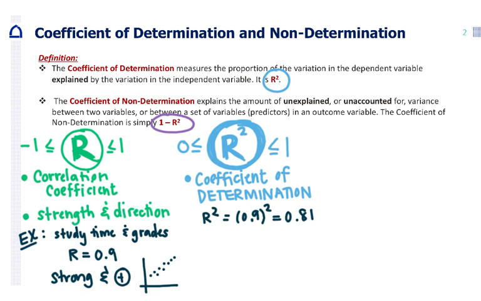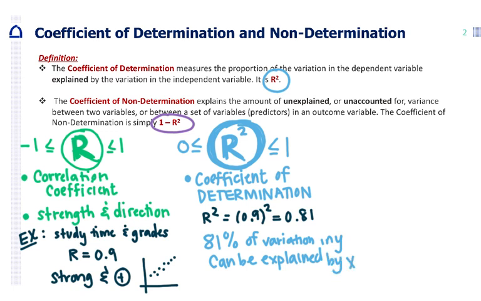Well, what this really means is that 0.81, that's 81% of the variation in y, so of the variation in grades for my example, but I'll just say variation in y, can be explained by x. In this example, can be explained by study time. Okay, that's the coefficient of determination.